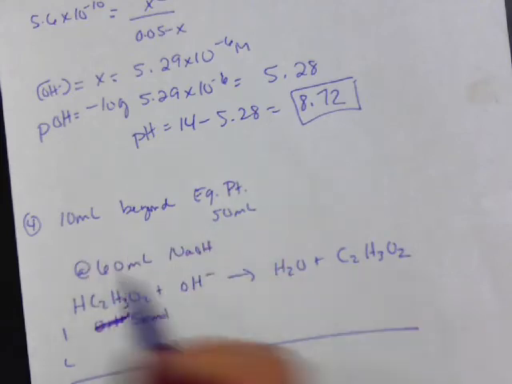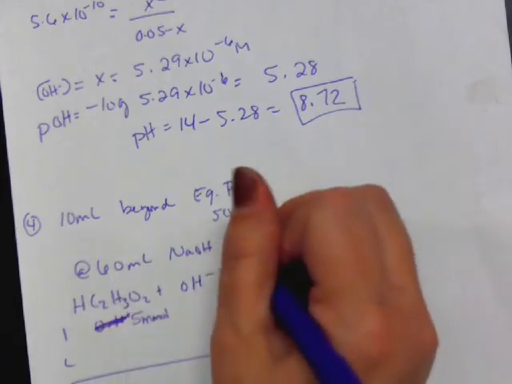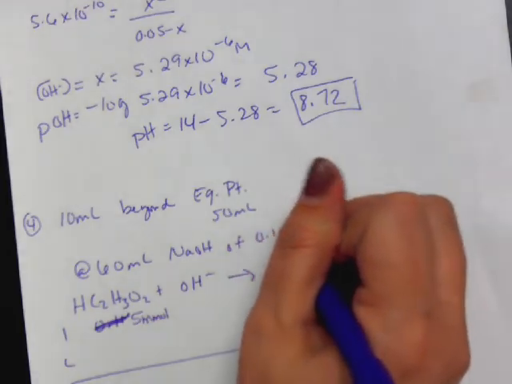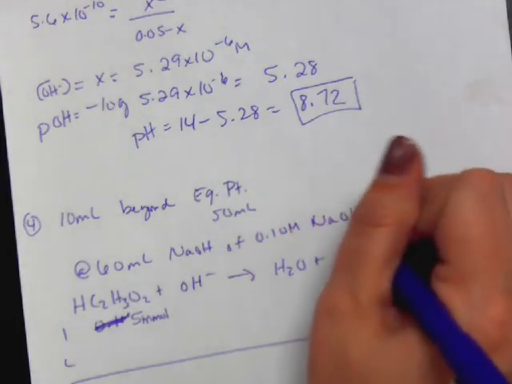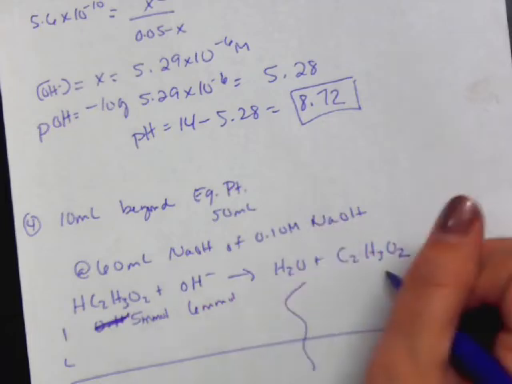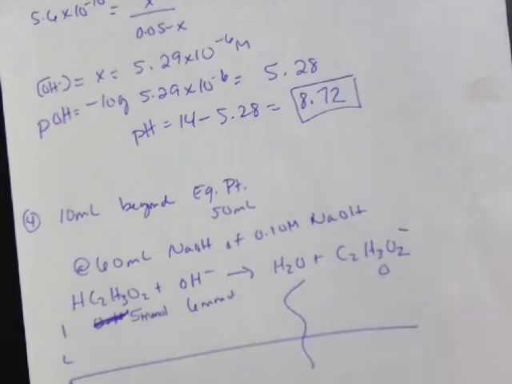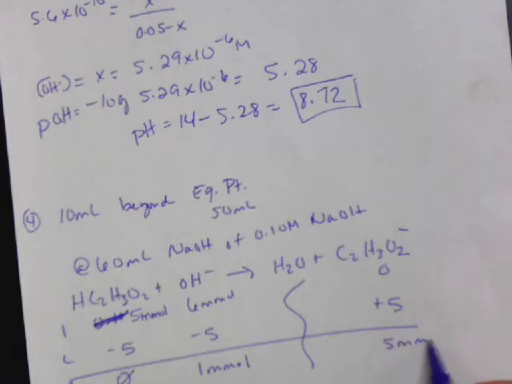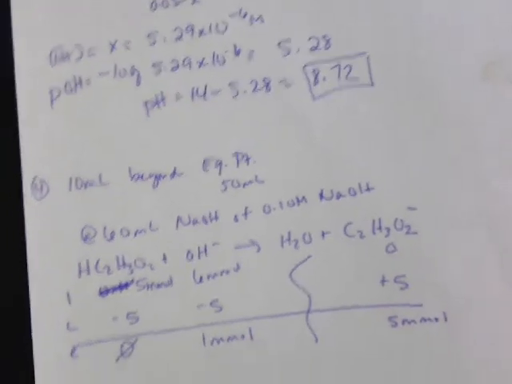And if I use 60 milliliters of my 0.1 molar NaOH, that is 6 millimoles. Again, our water doesn't matter, and we have none of our conjugate base. What's limiting this time is our acid, so that's -5, -5, and +5. We have none of our acid left. Here we have 1 millimole of our base left, and over here we get 5 millimoles for our acetate ion.